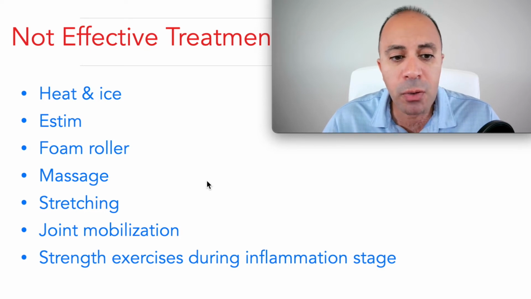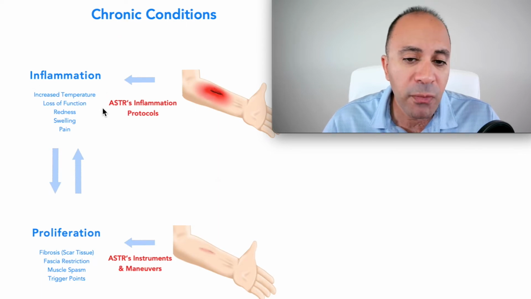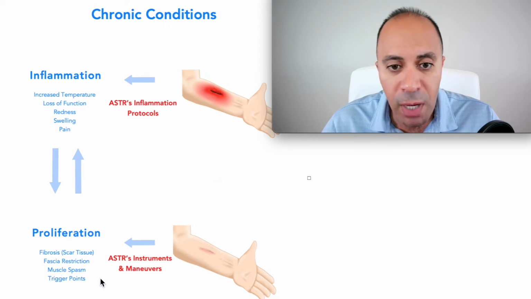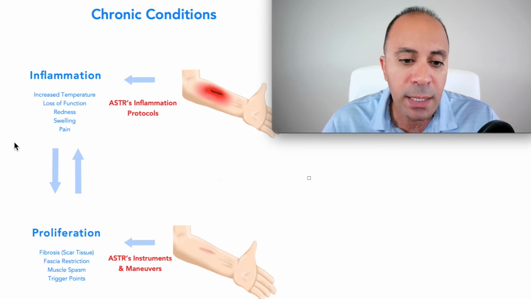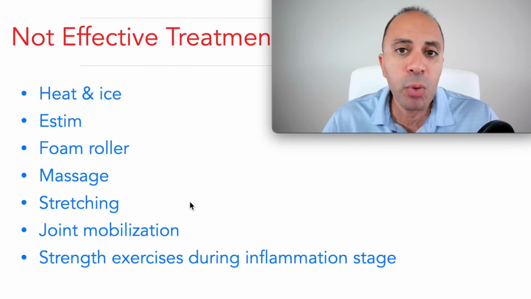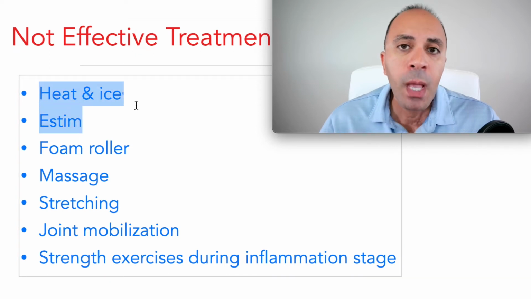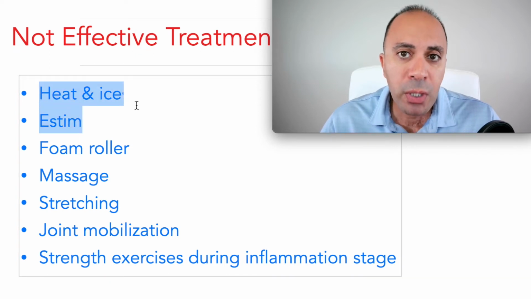When we look at the normal healing cycle here, ice will temporarily decrease inflammation, but ice, heat, or electrical stimulation will not do much to break down the scar tissue, release the fascial restriction, or decrease much of the inflammation. Studies show that ice, heat, and stimulation provide temporary pain relief, but there is no long-term result.